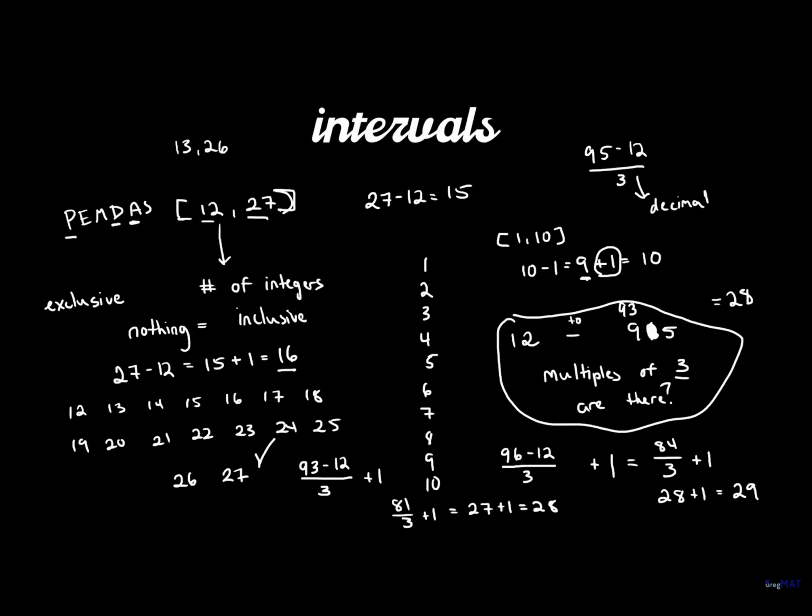I thought since we are finding the numbers between 96 and 12, adding back 1 and then dividing by 3 would give me the same answer. You always have to follow PEMDAS, always. Okay, cool. Thank you. Makes sense?